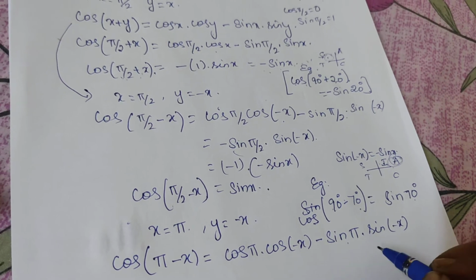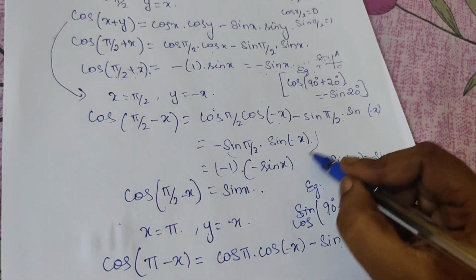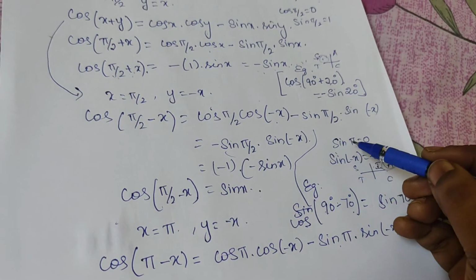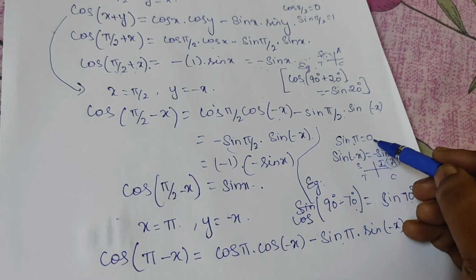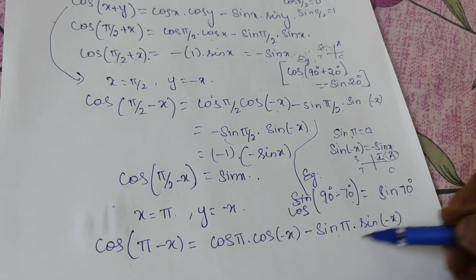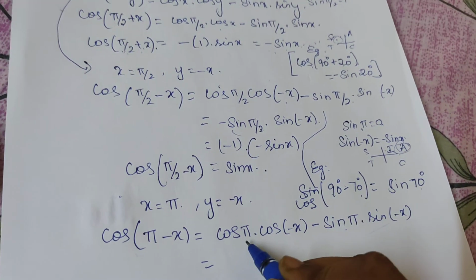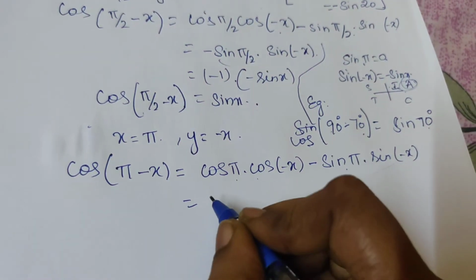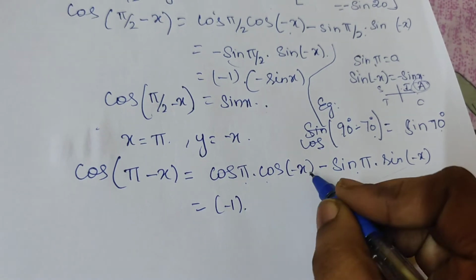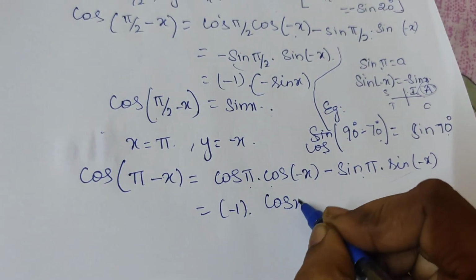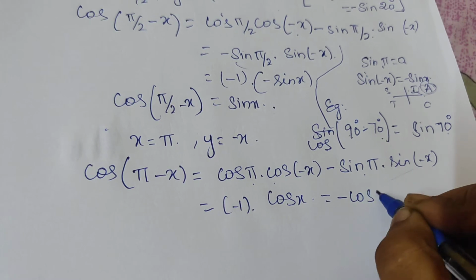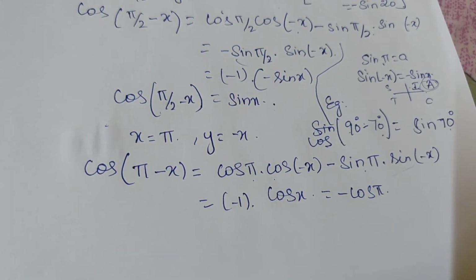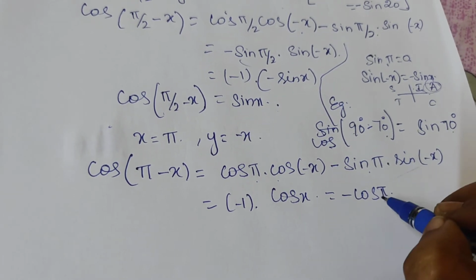Since sin pi value is 0, and not only sin pi, sin of integral multiples of pi will be 0, this term vanishes. So we will have cos pi into cos of minus x. Now cos pi value is minus 1, and cos is an even function, so we will have cos x. So the answer is minus cos x. Cos of pi minus x will be minus cos x.